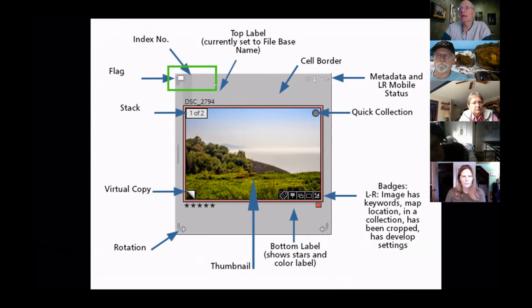You can flag it, like the photo in the example, which they call the selected flag. You can have no flag status, which means it's neither selected nor rejected. Or you can get the little black flag with the X in it that stands for rejected.